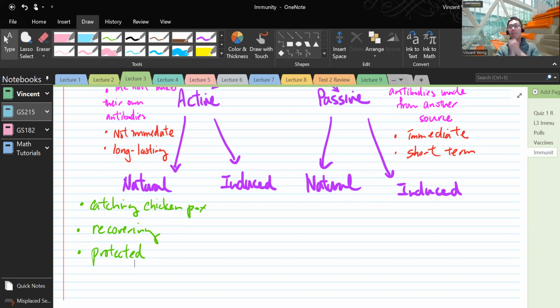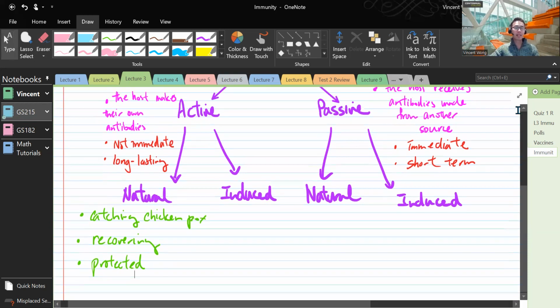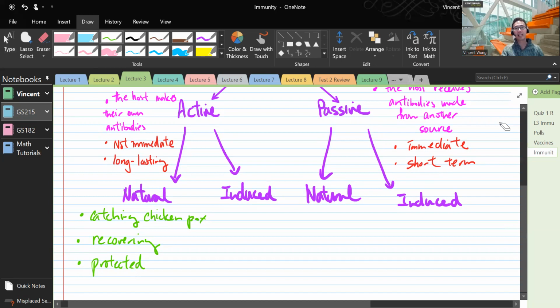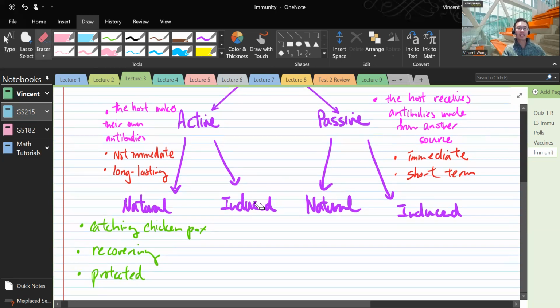Okay, but my daughters, for example, I know for a fact they're not going to catch chickenpox through natural means, because on the immunization recommendation in Ontario, the yellow card, getting vaccinated against chickenpox is a recommendation, and both of them are vaccinated against chickenpox. So that would be an example of induced active immunity. Okay, so that is vaccination against chickenpox.